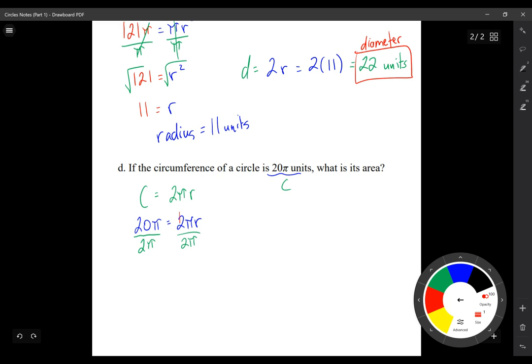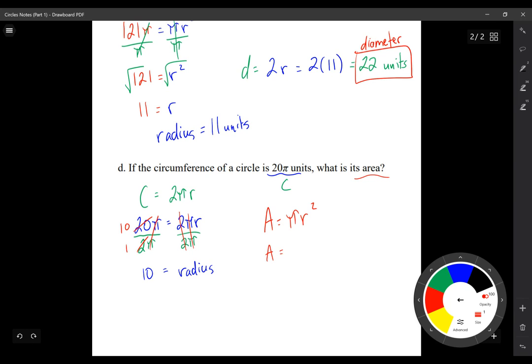So that cancels out our 2's and our pi's here. It cancels these out, and then the 2 and the 20 become a 10 and a 1. So we're left with 10 on the left-hand side, and we're left with r on the right-hand side. So our radius is equal to 10. But we need to find the area. Again, area is equal to pi r squared.